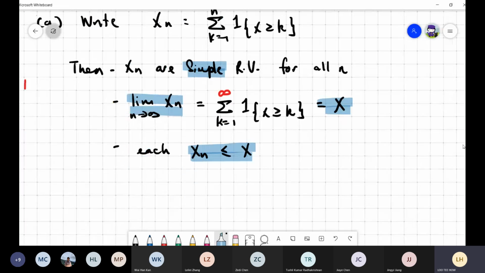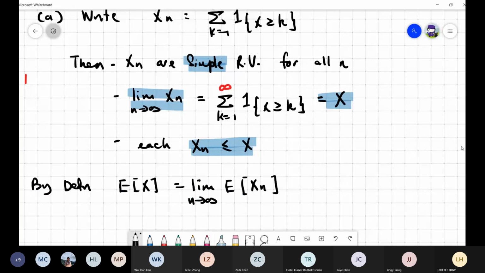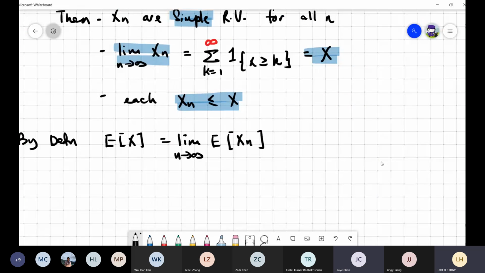So when we have this, then by definition, E of x will be equal to the limit of E of this xn. So this will be equal to the limit as n goes to infinity of E of these indicator functions.